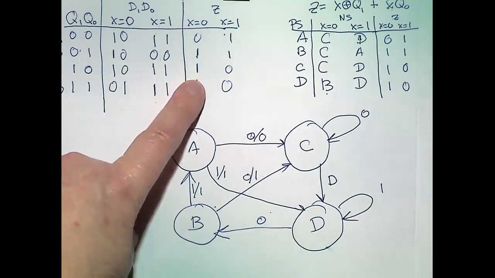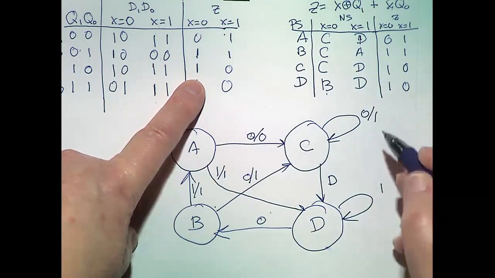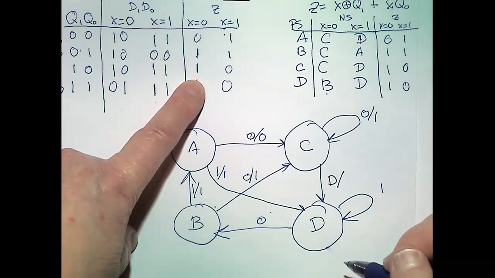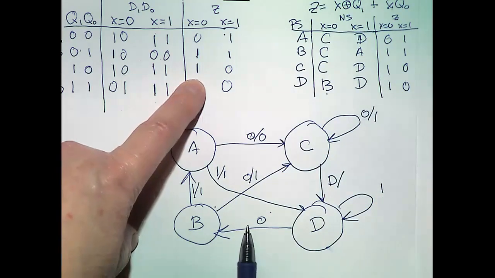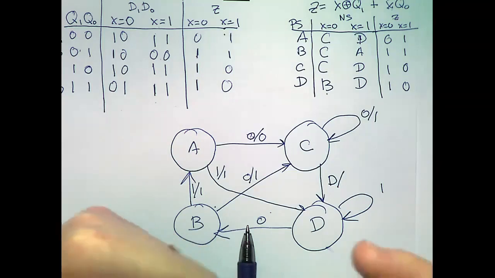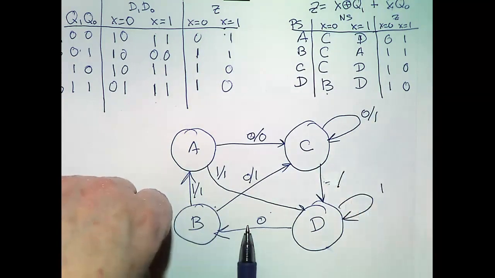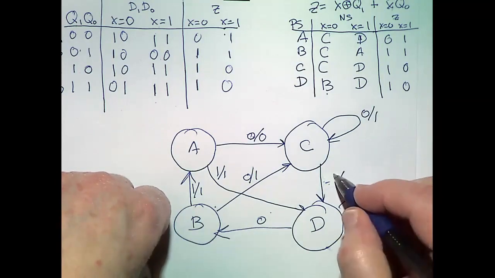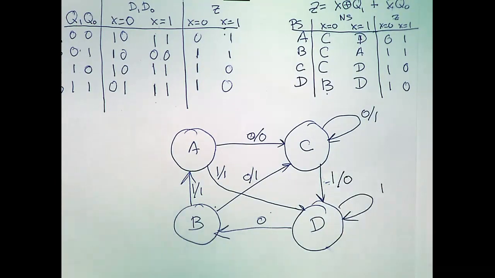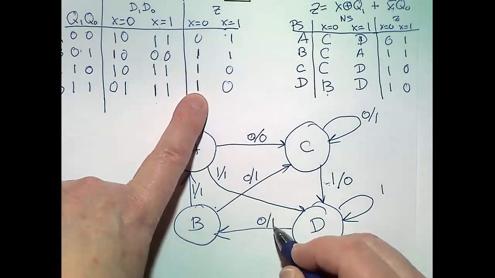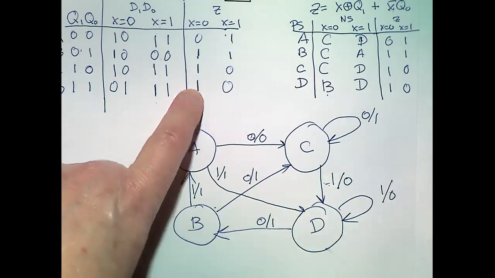For C, it's 1 for 0, and I wrote D instead of 1. Okay, and for D, we go to output a 1 and a 0.